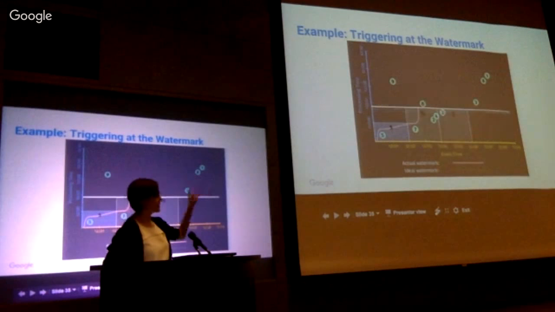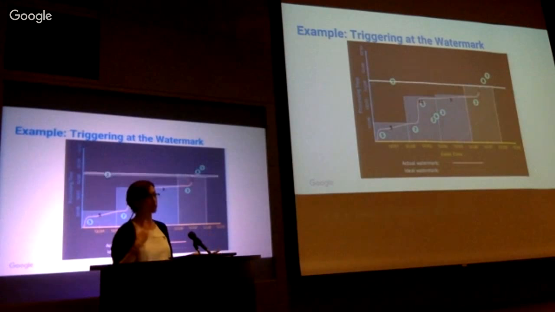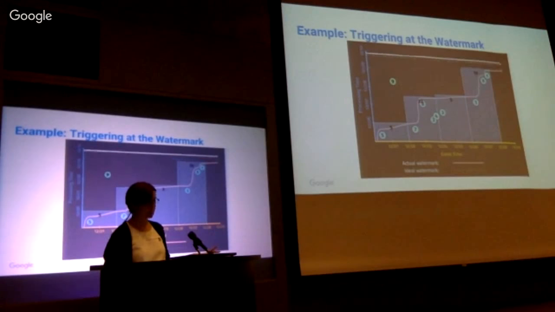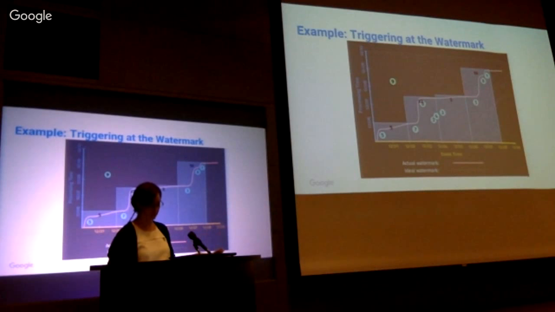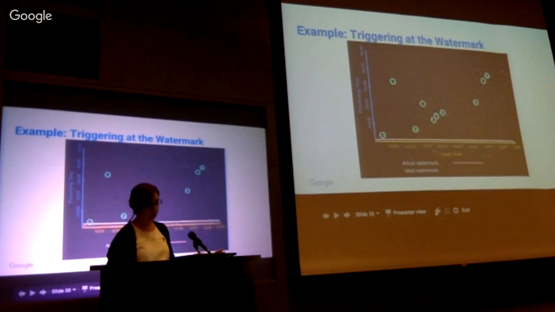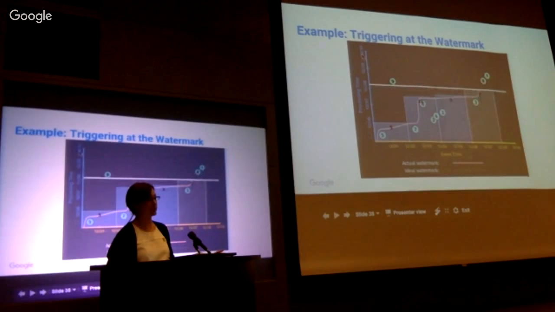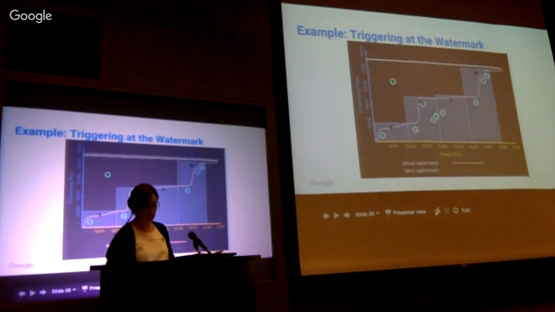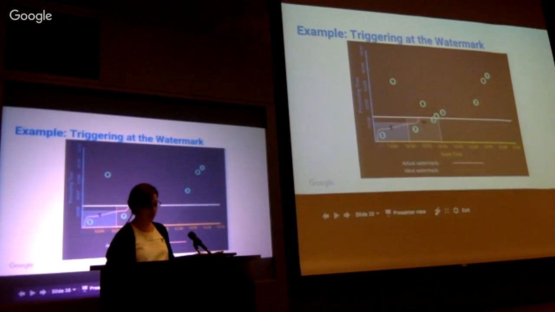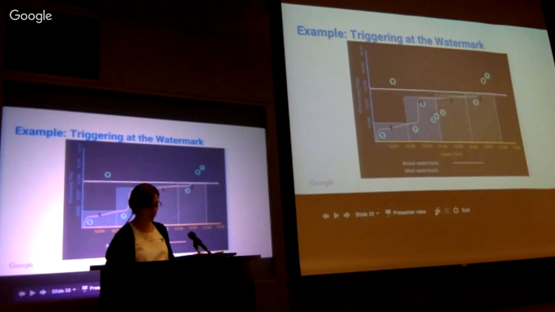So this is a very nice visualization of what happens in the system. But let me first explain what you are looking at. Here we have event time. Here we have processing time. 12:05 event time was observed here, right? So the ideal watermark follows this line.